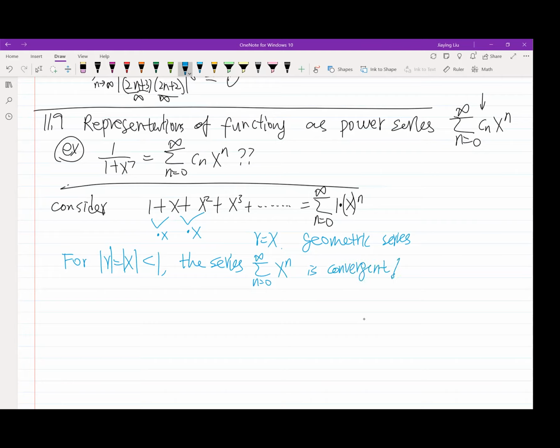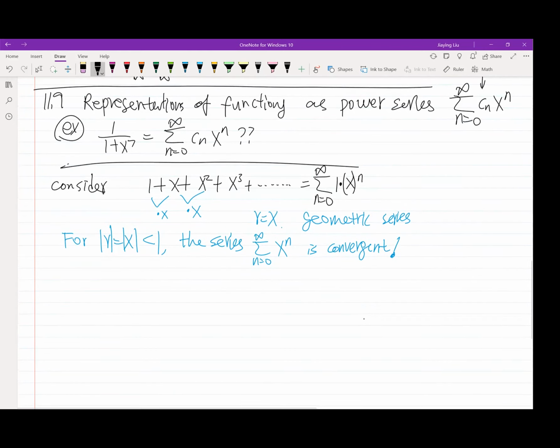That's what we already know. If that's the case, then we can find the sum of that series.